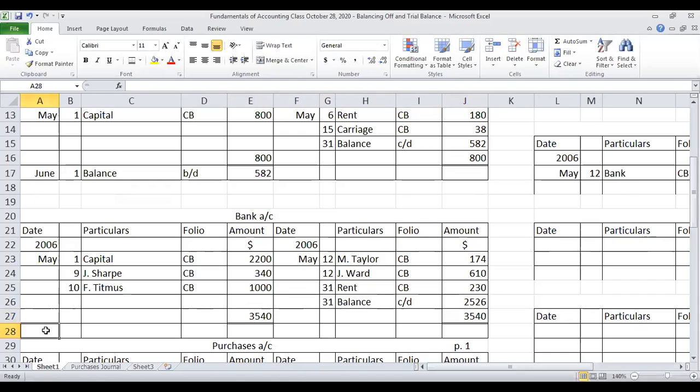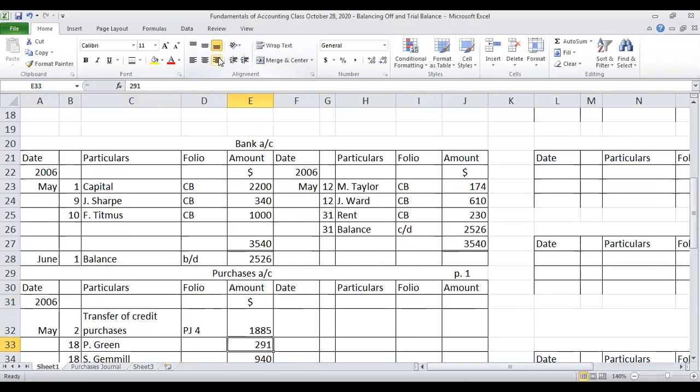Then you're going to bring the balance down to the following month, which is June. So you're going to have June 1, balance brought down, 2,526.